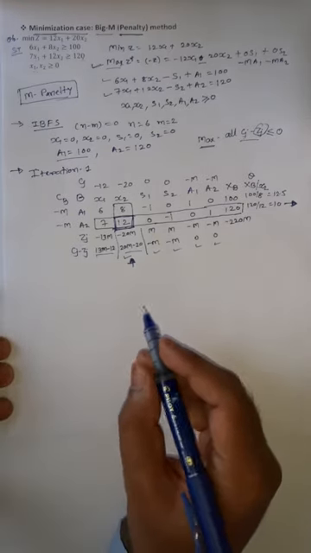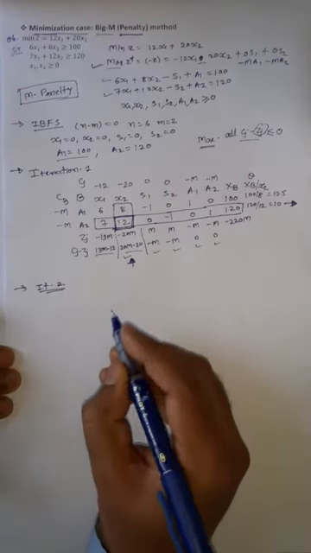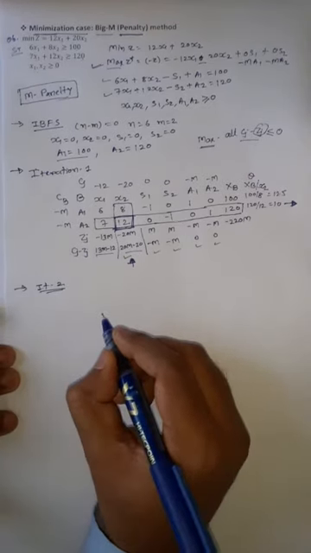So first we will go for iteration number 2. In iteration number 2, what is the basic requirement?